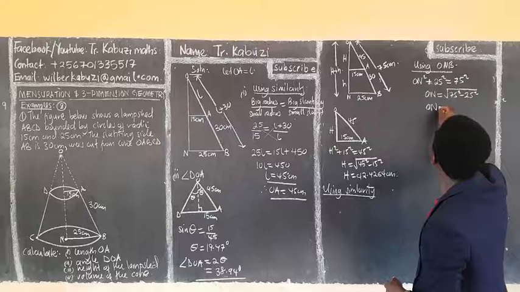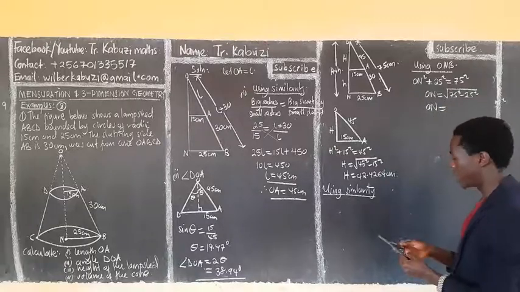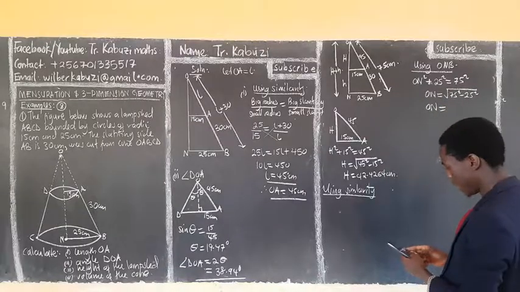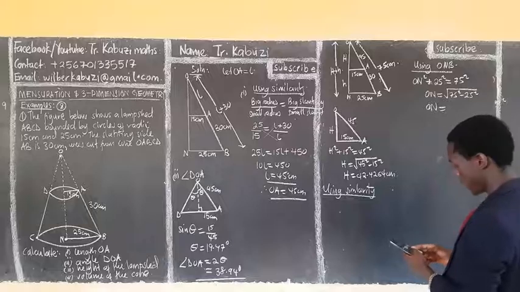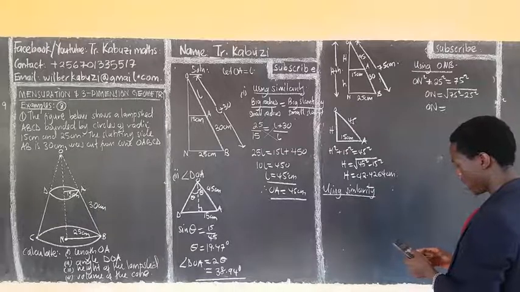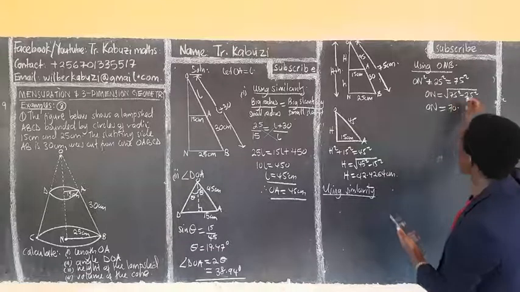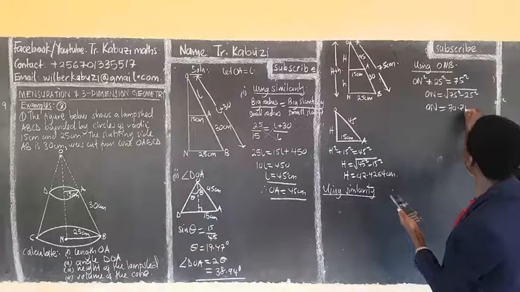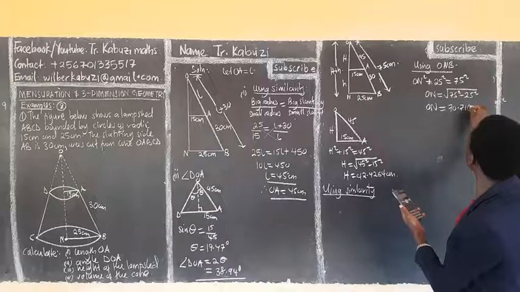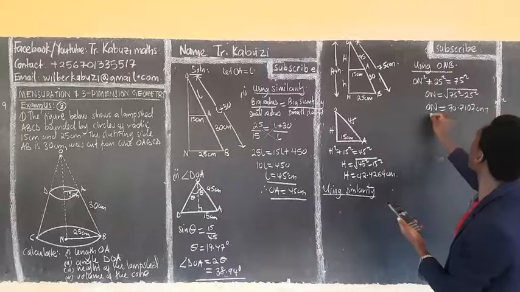Get your calculator there: 75 squared minus 25 squared, root, answer. So here I'm getting 70.7107 centimeters. So that is my ON.